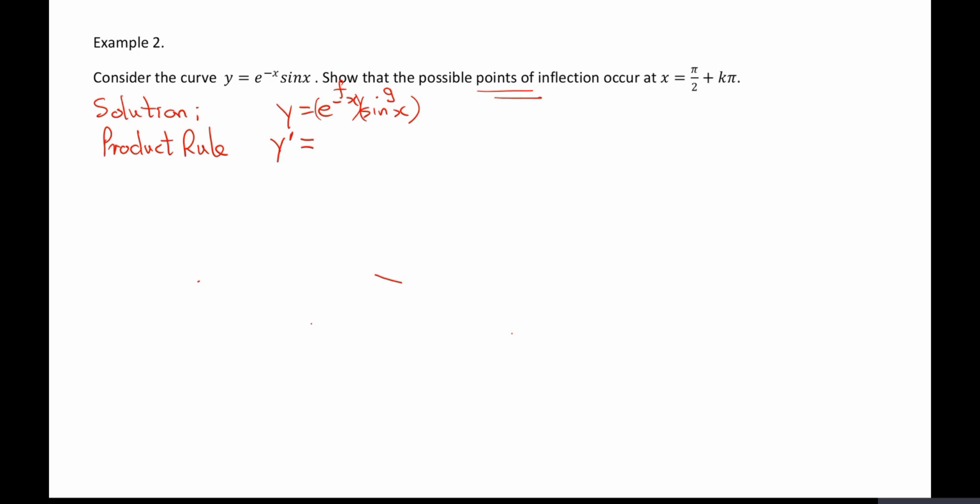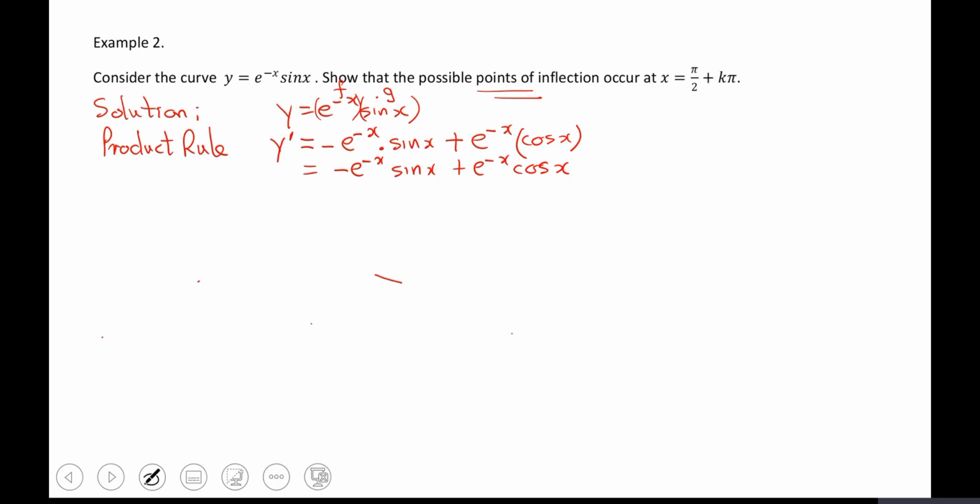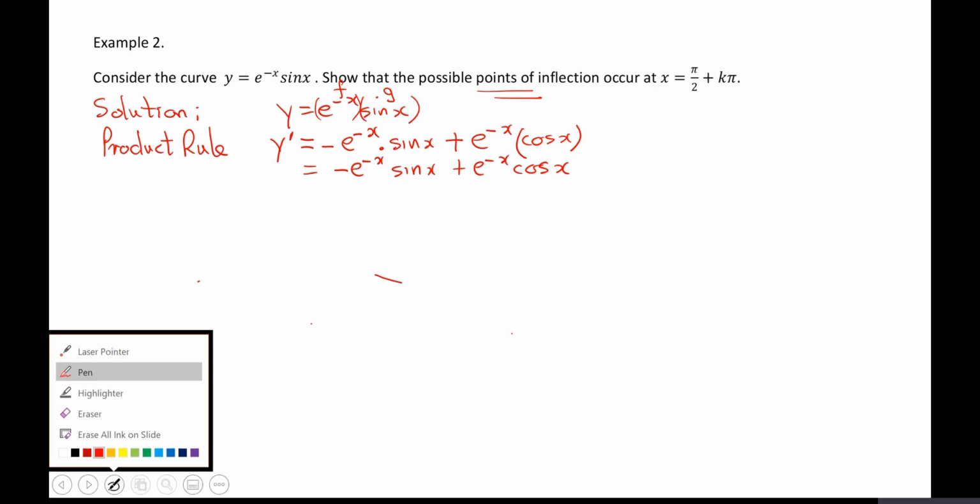Let's differentiate the first, e to the minus x, times minus, leave sine of x, plus, now I leave e to the minus x, times the derivative of sine x, which is cos of x. So I get negative e to the minus x sine of x plus e to the minus x cos of x. Now I need to find my second derivative.